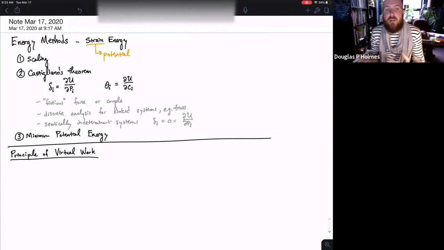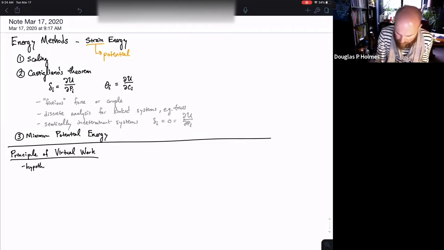The reason people aren't comfortable with this concept is that it relies on a hypothetical or pretend variation, a change of deformation.